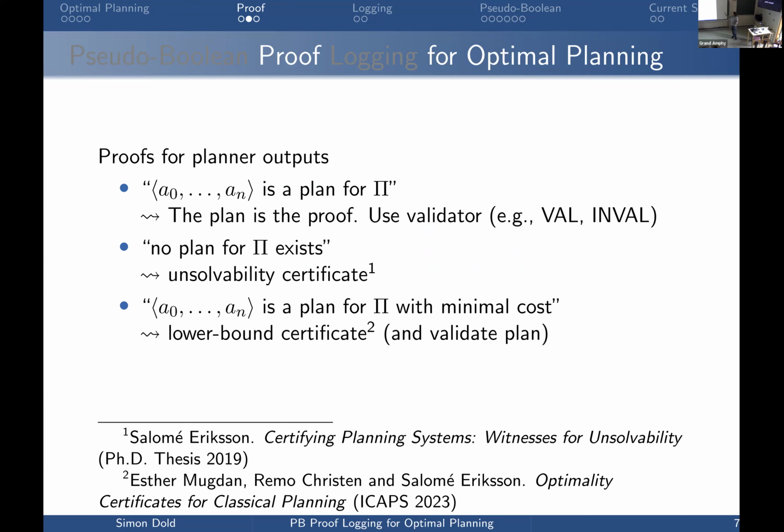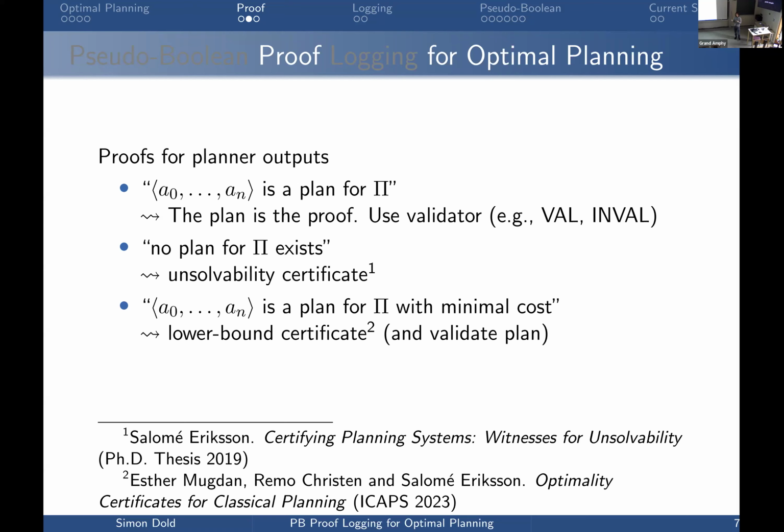So as we said, checking the plan itself is fairly easy, and the proof is the plan itself. We just check, applying these actions one by one, does it really get us from the initial state to one of the goal states? And for that, there are already tools like VAL and INVAL.